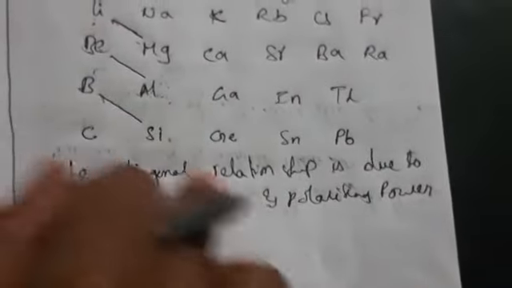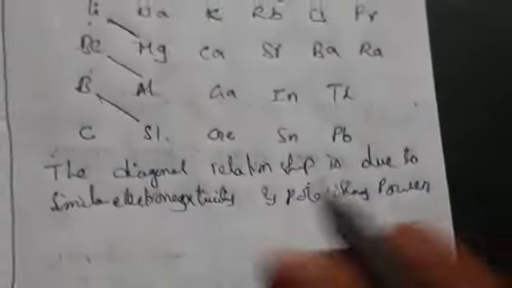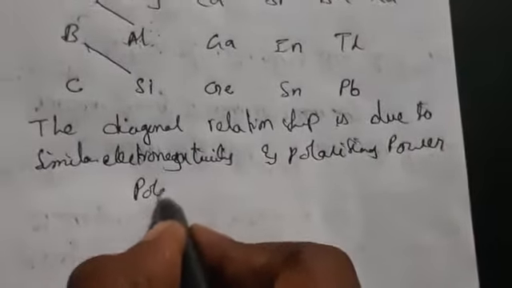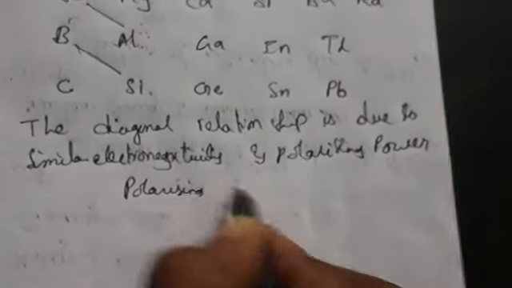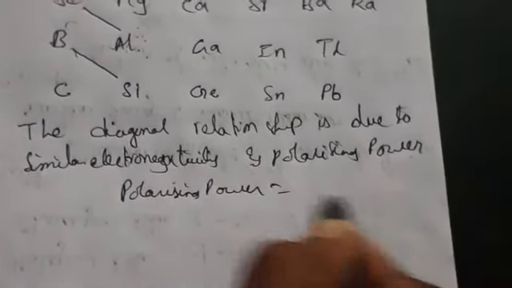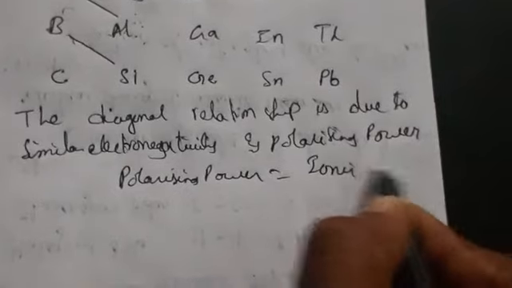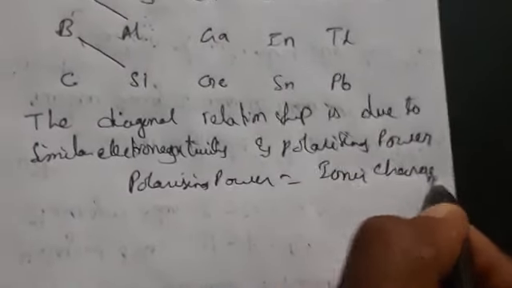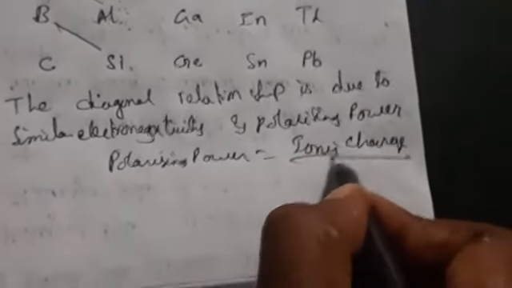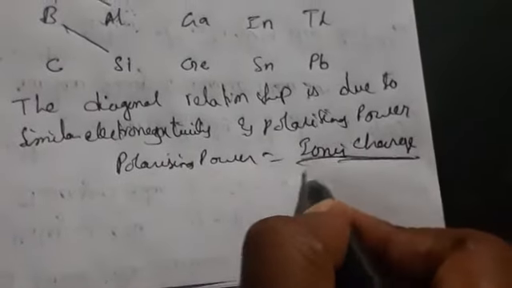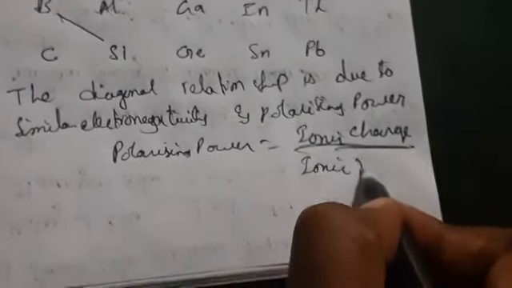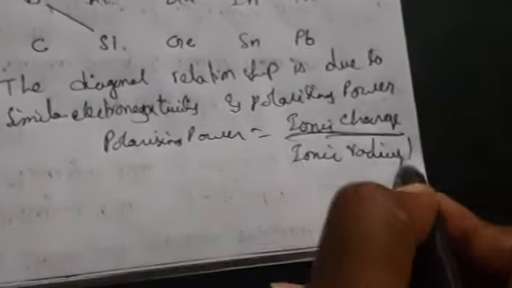These elements have similar electronegativity values, and because of this the diagonal relationship occurs. Polarizing power is nothing but the ratio of the ionic charge to the square of the ionic radius.